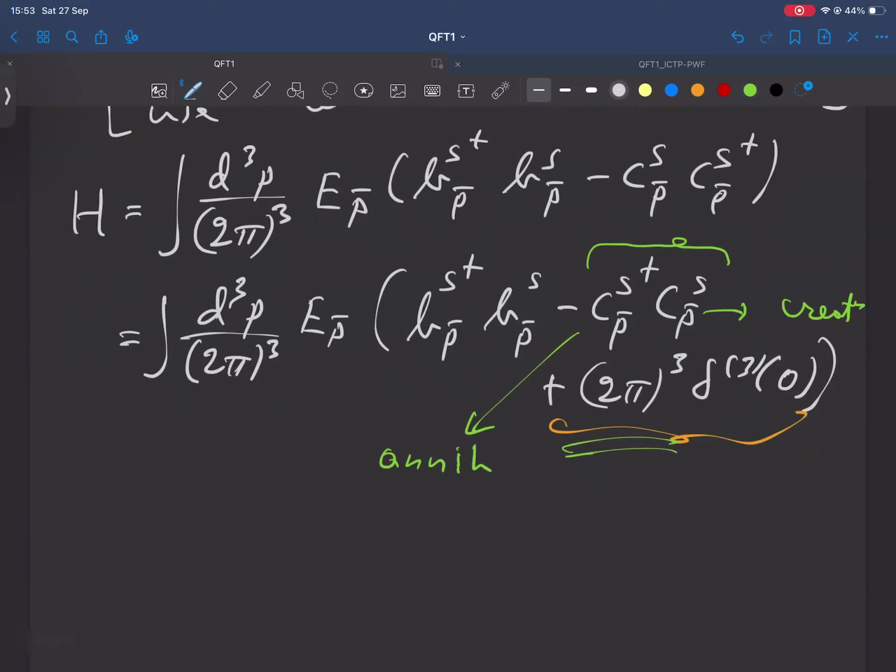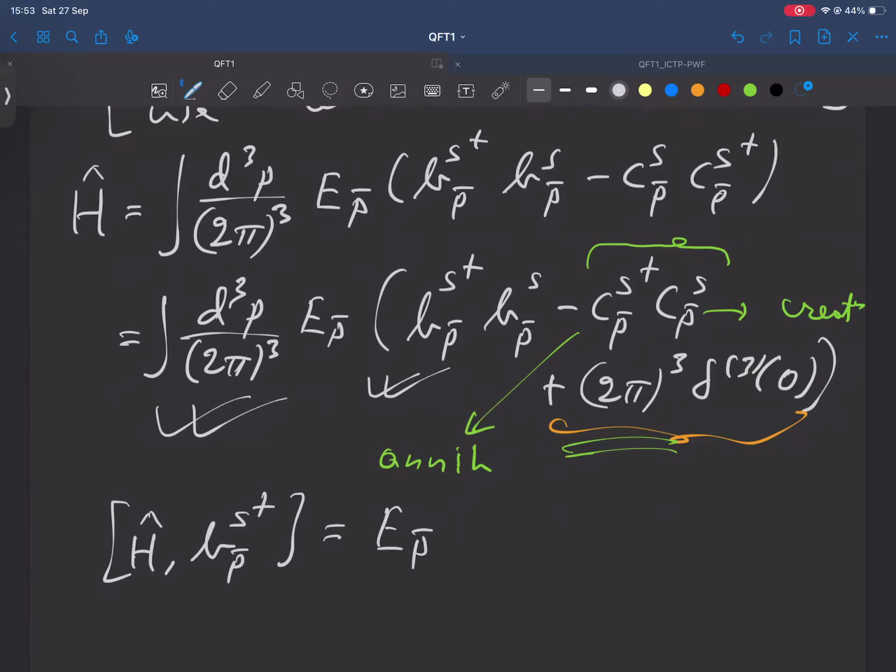So you would already start seeing there is some problem here, because this is not properly normal ordered or something like that. What you can do next is take this H, which is now an operator, take this expression that we are writing here, and act it on an operator B, which creates. Remember that the B's were fine, they had nice commutator relations, and that, as you expect, just like the complex scalar field case, will give you back this.